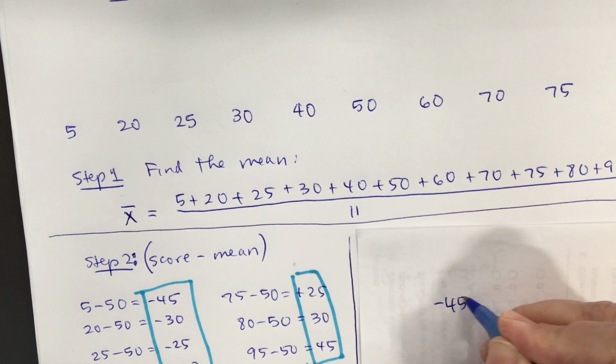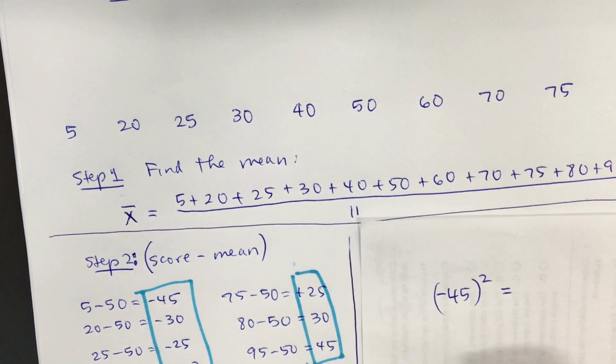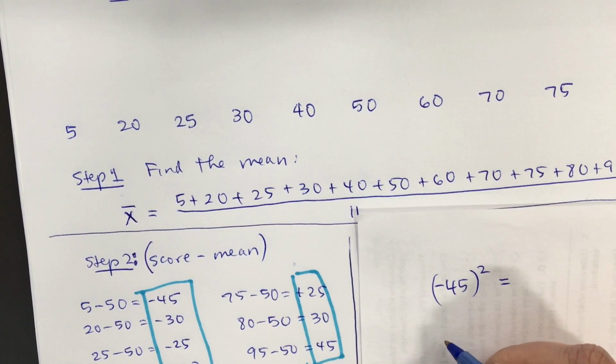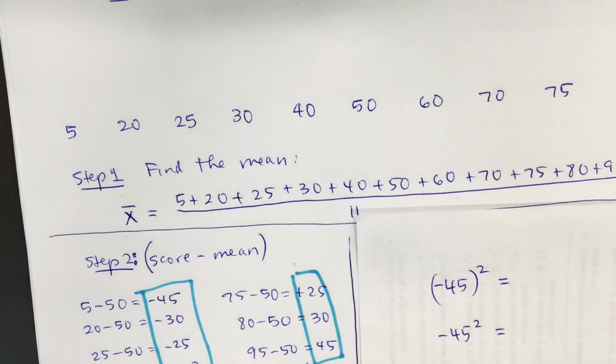Negative 45 in parentheses squared is not the same as negative 45 not in parentheses squared. I'll have to confess, this is something I didn't realize till I was in grad school going for my master's degree in math.